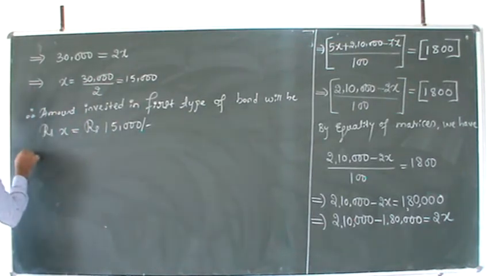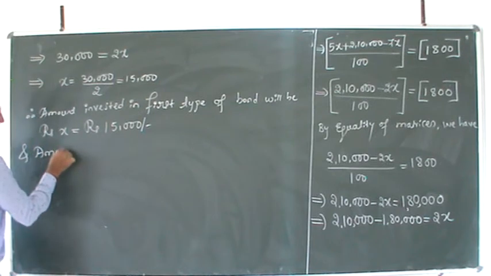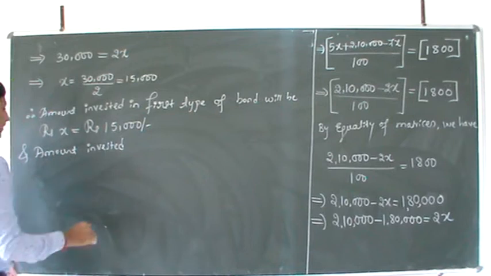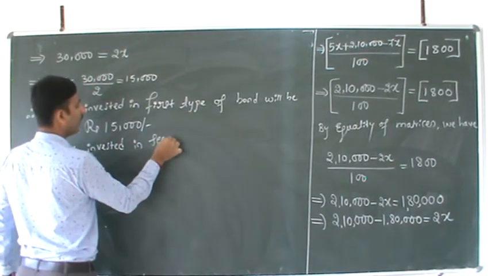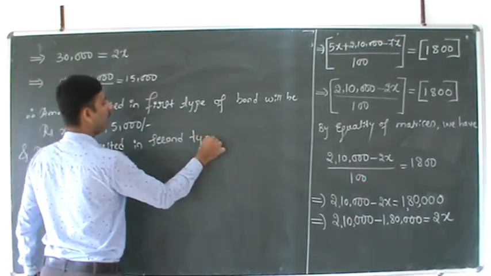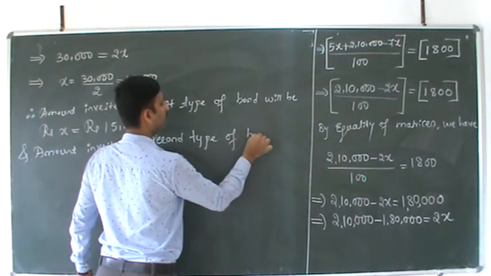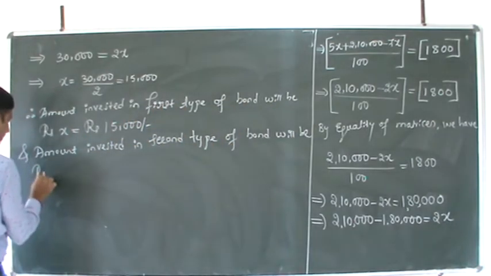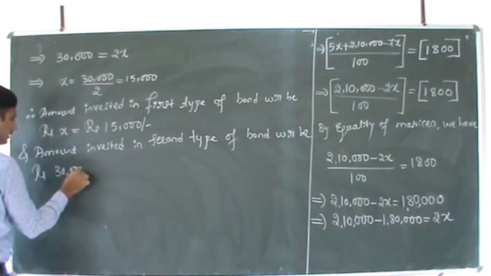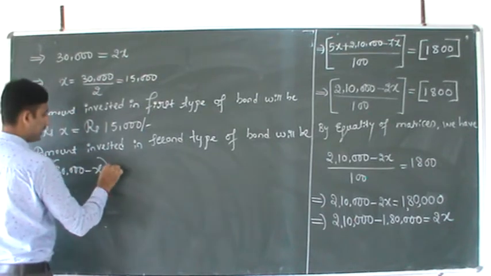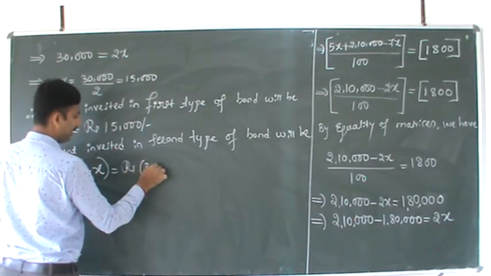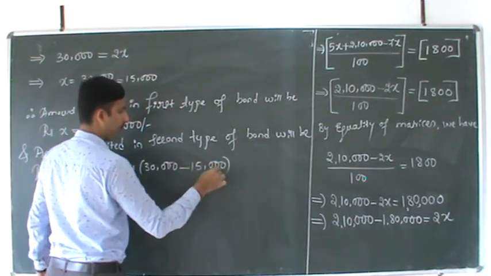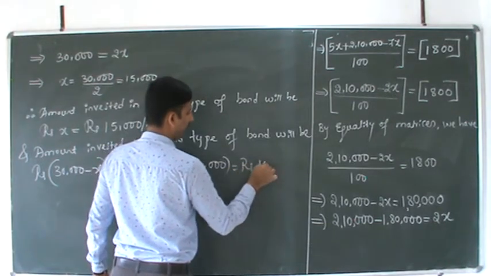Next, the amount invested in second type of bond will be rupees 30,000 minus x, which is nothing but rupees 30,000 minus 15,000, which is nothing but rupees 15,000.